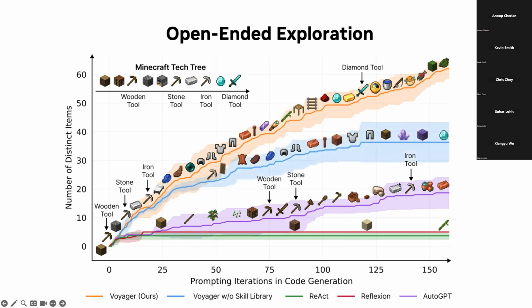And the blue curve is the evaluation study that we've done without the skill library. As you can see, it plateaued after a while, so having a skill library allows access to higher tech trees and accomplishing tasks much faster.